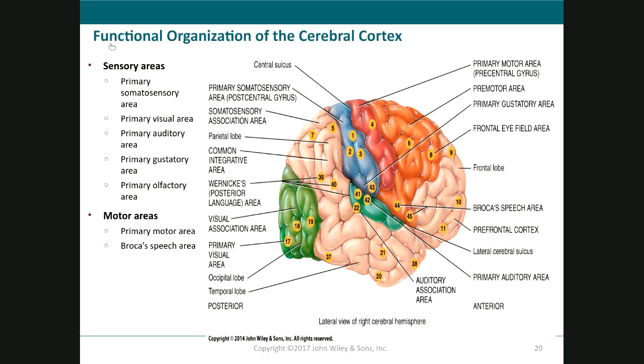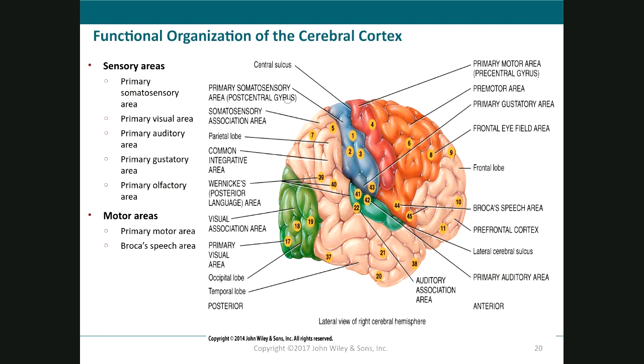So let's go over the functional organization of the cerebral cortex. First, let's review. This is the central sulcus, and this is the frontal lobe, this is the occipital lobe, and this would be the temporal lobe. Remember we called the grooves sulci and the little mounds gyri.